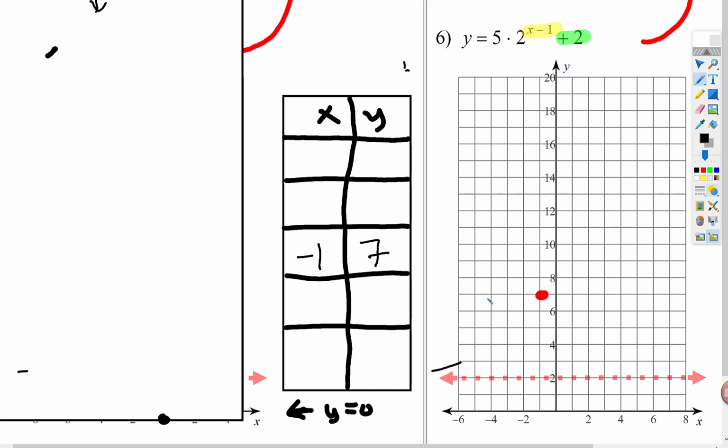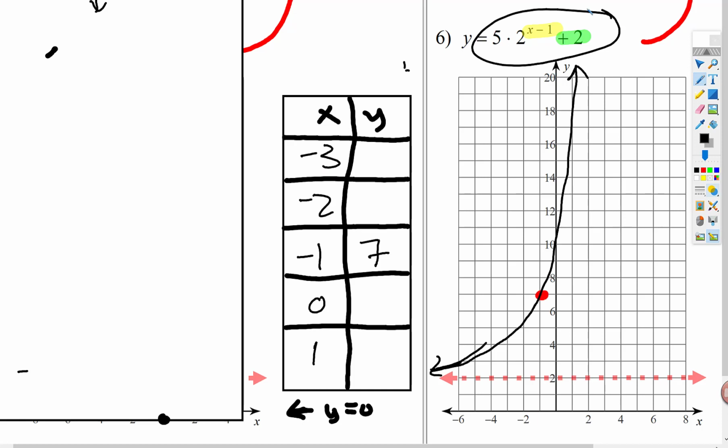And then this graph, there's a scale factor. Notice it's growing rapidly, but you would do your table of values, and that's just a calculator keystroke thing to figure out where things are. All right, that is it for exponential graphing.